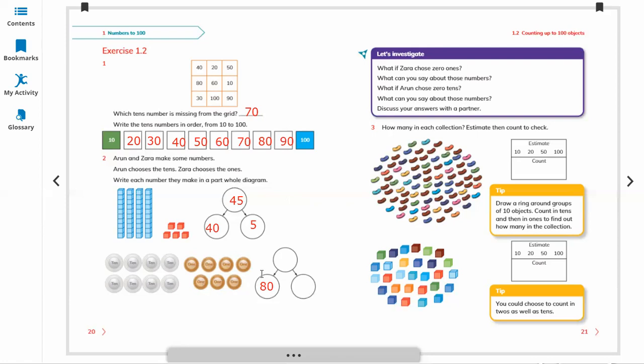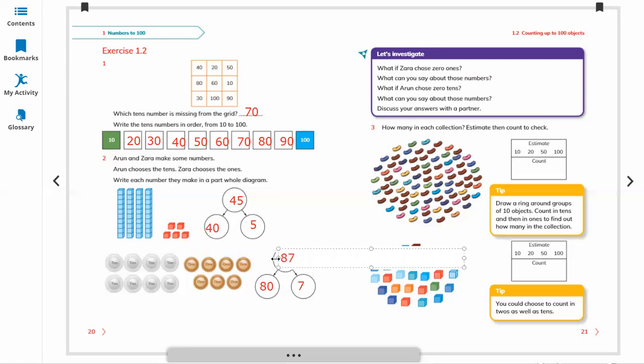So they are less than ten, so we are going to put them in the ones block. So here it is 7. 7 ones and 8 tens. So 80 and 7 makes 87.